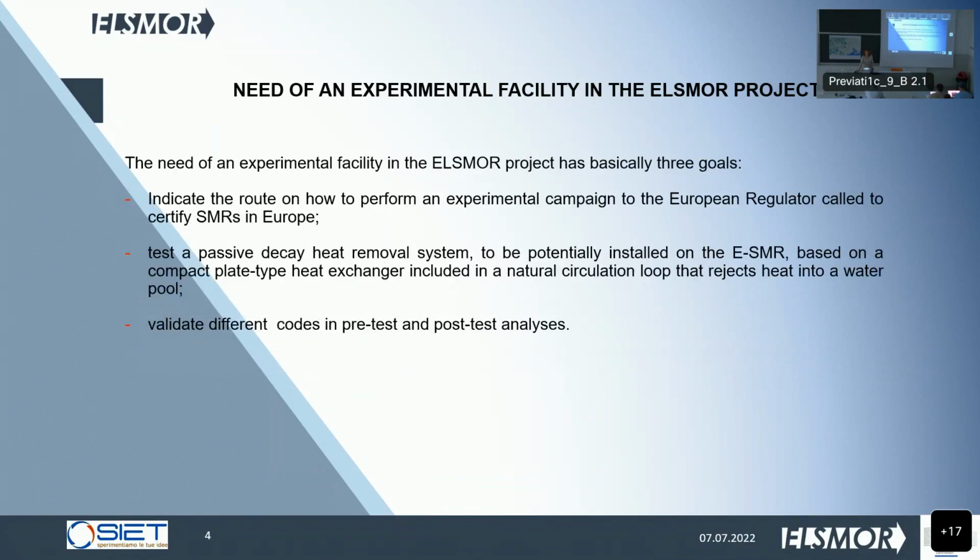So in the ELSMOR project, we are building now an experimental facility that is a separate effect test facility, because it is devoted to test a decay heat removal system that includes a natural circulation loop with 2 heat exchangers that are adequate to reject the decay heat of the reactor into a water pool.